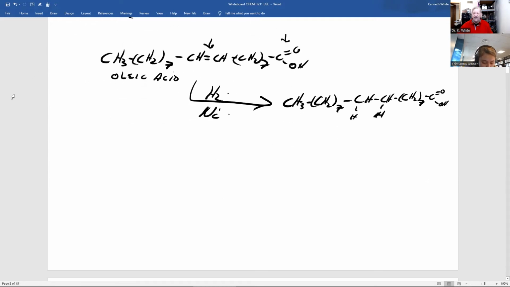Now, if we do a little high-level math, notice this is a CH2, right? And this is a CH2. And I've got 7 here and 7 here. So 7 plus 7 plus 1 plus 1, which is 7 plus 7 plus 2, is 14 plus 2 is 16.